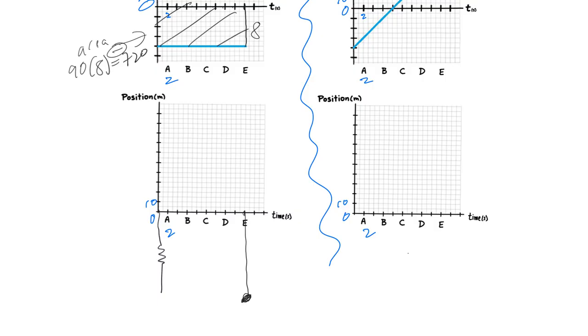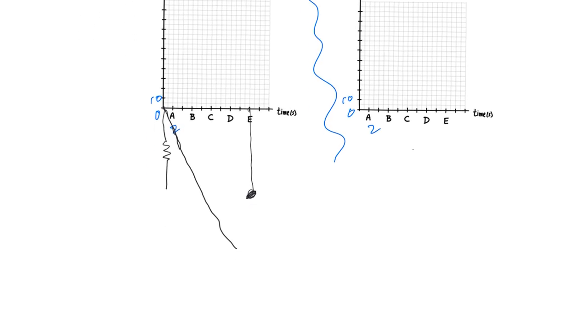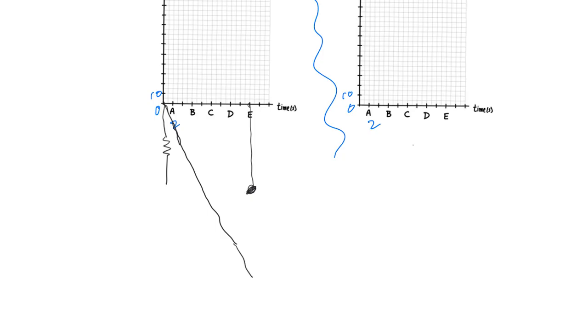And then position, you go from 0 to there. And it's a constant velocity, so this will be a straight line. So it'll be like this. But then there's a break. We'll go all the way down to negative 720.